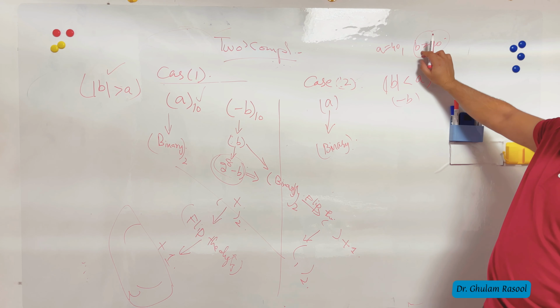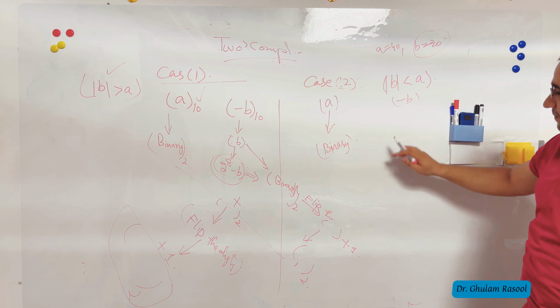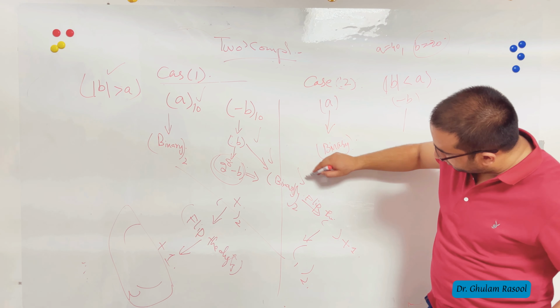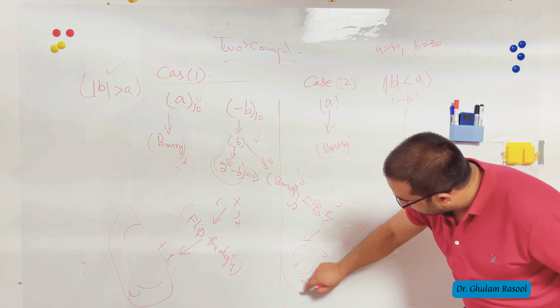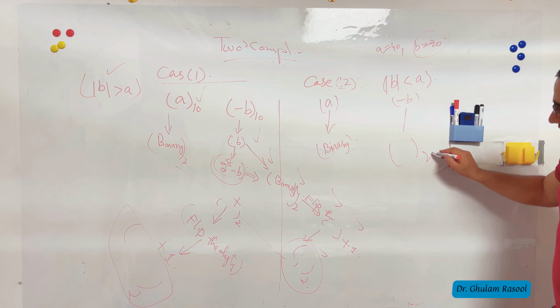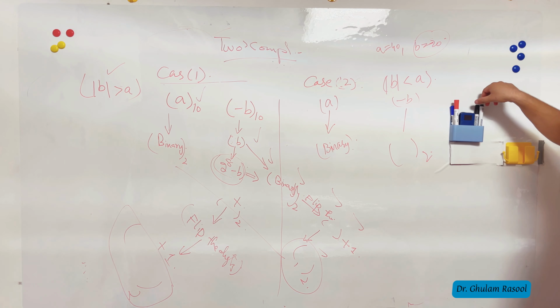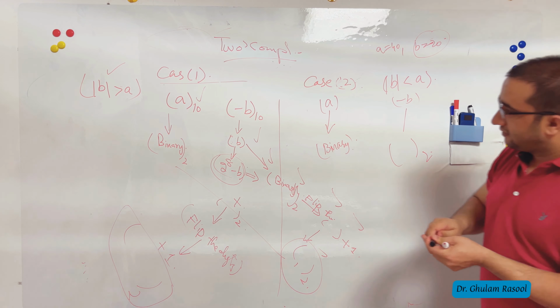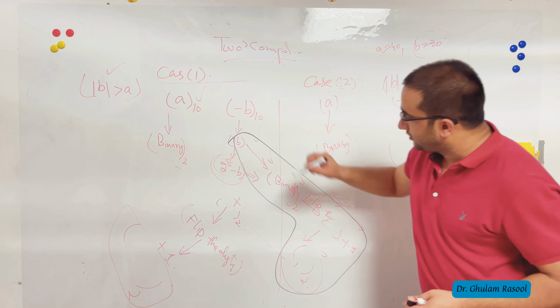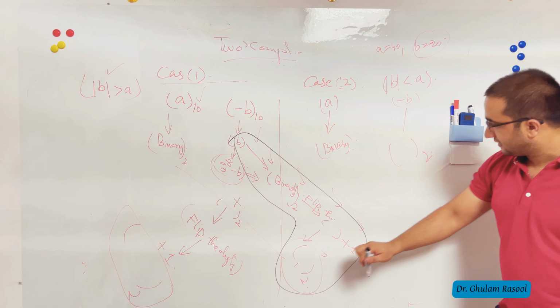Now the absolute value of B is less than 40. In this case, you are finding this thing following the same method, from here to here. You have done the same process up to here.